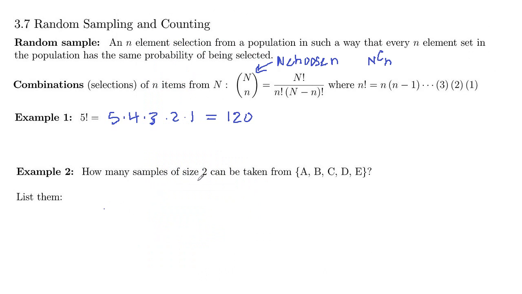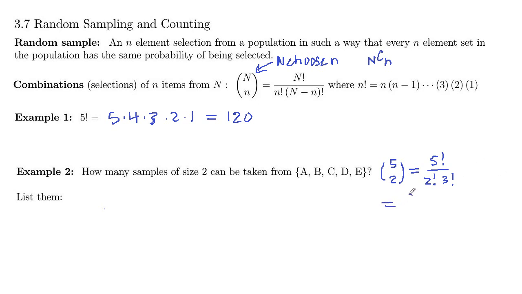So now we want to know how many samples of size 2 can be taken from the letters A, B, C, D, E. So there's 5 letters here, so cap N is equal to 5, and we're selecting out 2. So this is going to be 5 choose 2, which is 5 factorial over 2 factorial, and then 5 minus 2 is 3 factorial.